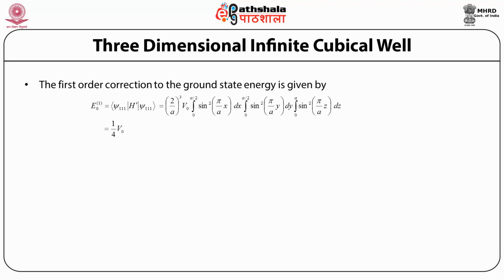The first order correction to the ground state energy is given by E01 equals the matrix element of H prime between psi 11 and psi 11, which is given by 2 by a whole cube V0 times the integration from 0 to a by 2 of sine square pi by a into x dx, times the integration from 0 to a by 2 of sine square pi by a into y dy, times the integration from 0 to a of sine square pi by a into z dz.